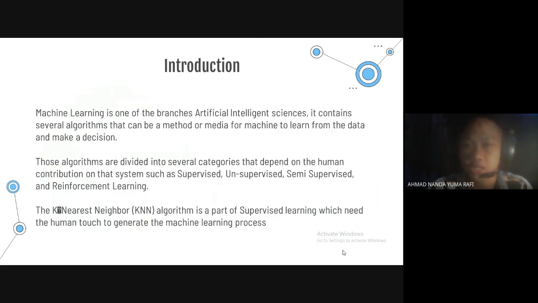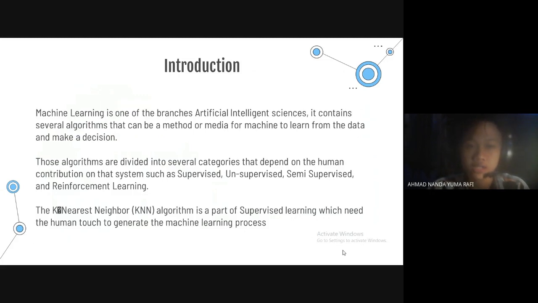So basically, the algorithm of machine learning is a way for a machine to think like a human, like sorting and so on. Those algorithms are divided into several categories that depend on the human contribution to the system, such as supervised, unsupervised, semi-supervised, and also reinforcement learning.